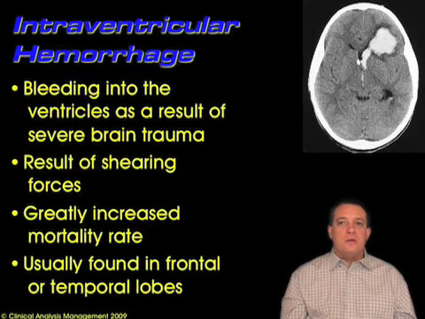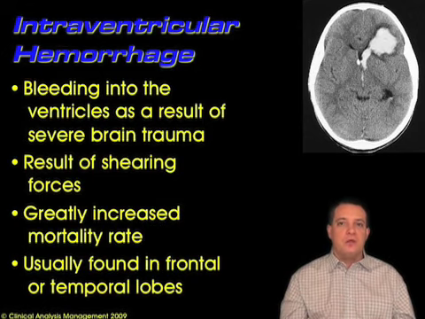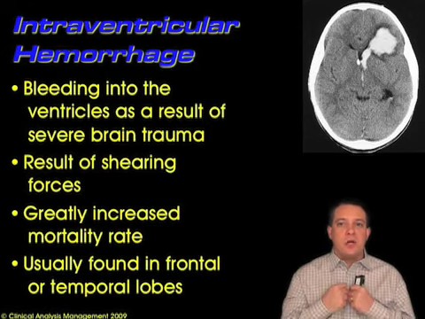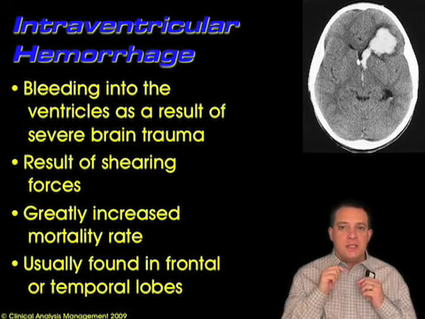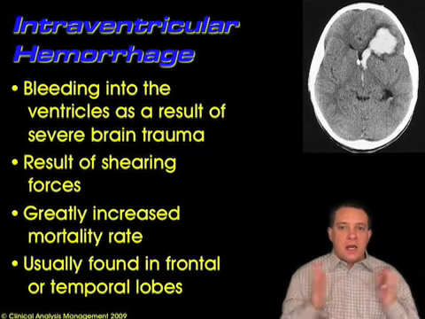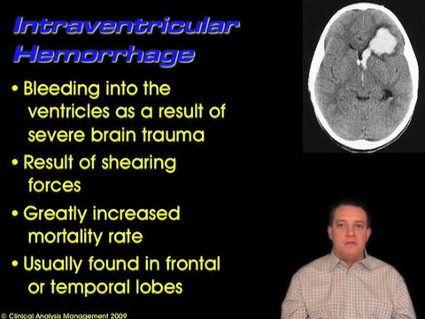Now, an intraventricular hemorrhage is where we have bleeding into the ventricle itself. It usually occurs with really massive trauma. It's almost always because of a shearing type force. These patients have really high mortality because when you are normally bleeding in your head, one of the first things your body does to compensate is push CSF down out of your head and collapse your ventricles to make space for the bleed.